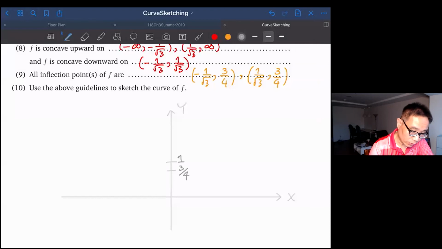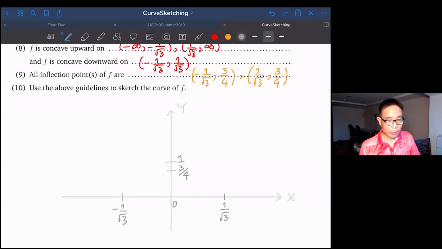And also you will need 1 over root 3 and negative 1 over root 3, which is about 0 point something. Okay, so it's going to be negative 1 over root 3 and 1 over root 3. And you have 0 in the middle for sure.